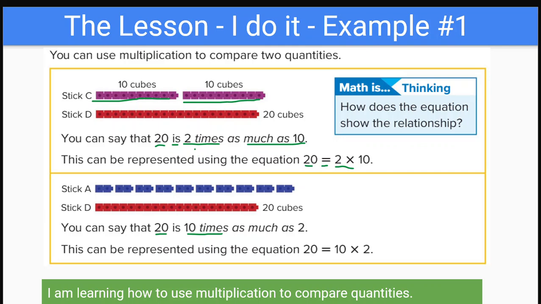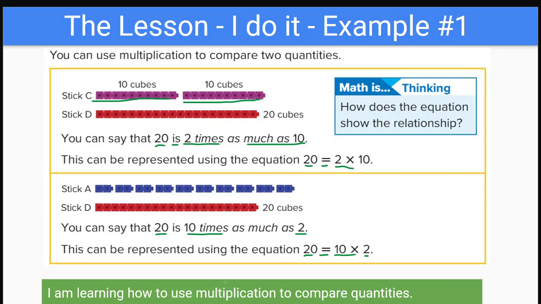Now up here we said 2 times because there only was 2 of them, but now down here it's 10 times as much as 2 because each one of these only has 2. It's the opposite of what they said up here. So this can be represented using the equation 20 is 10 times, because we saw it 10 times, as many as 2, or as much as 2.